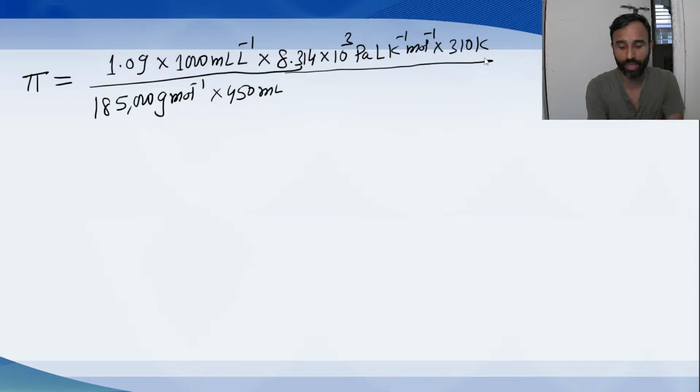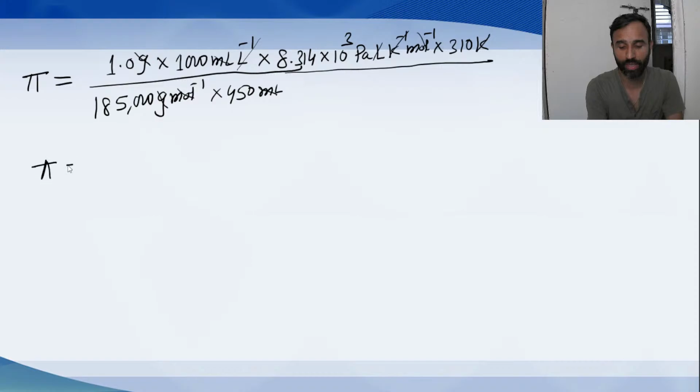So see, gram cancels, ml cancels, per mole cancels, liter per liter cancels, Kelvin per Kelvin cancels. So what is left? Pressure in Pascal.